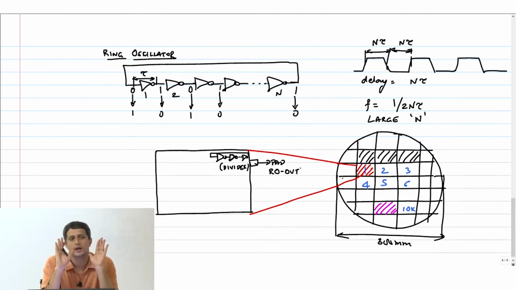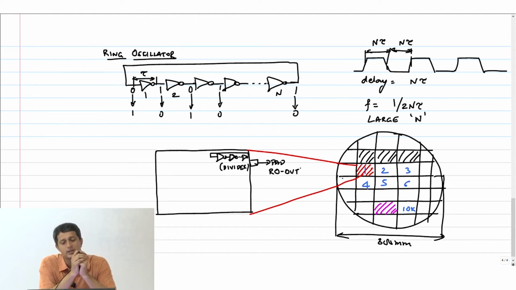So what will happen to the current first of all? It will decrease, right? VGS minus VT is where it appears. If current decreases, what will happen to delay? Increase, right? It's C delta V by I. You remember that expression, right? So therefore, the delay will now increase.